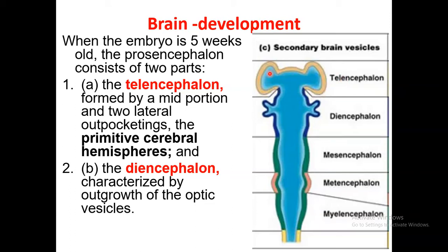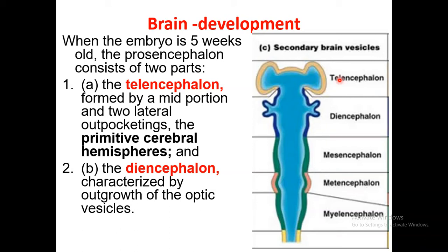Telencephalon and diencephalon are the parts of the prosencephalon. The prosencephalon is divided into telencephalon and diencephalon. Telencephalon shows two outpocketings, and these will give rise to the cerebral hemispheres, and the cavities of the cerebral hemispheres are the two lateral ventricles.